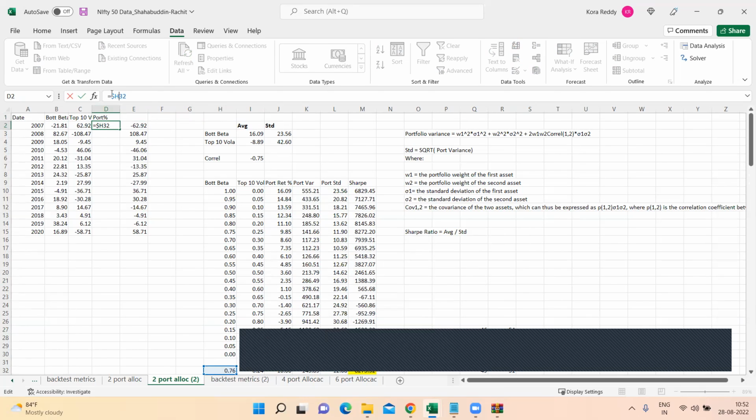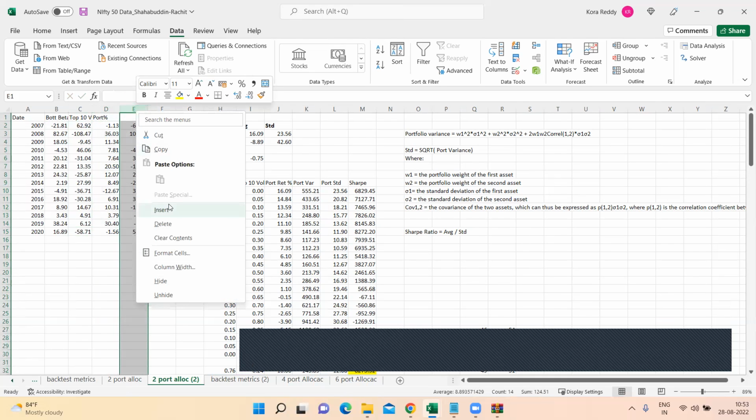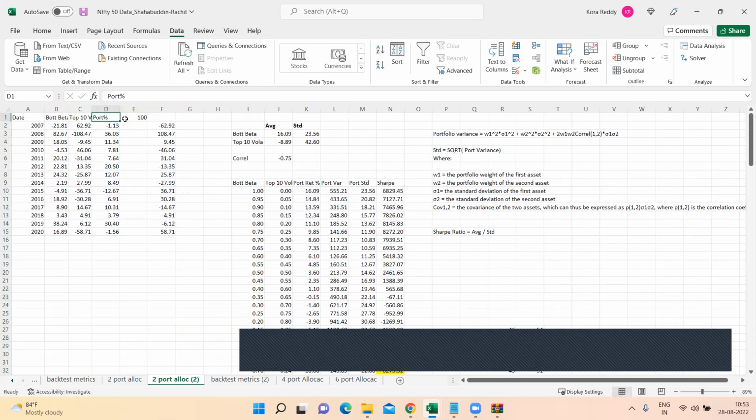I don't know what is the control here. The point here is you won't lose much in any year because you have a short component in the top 10.